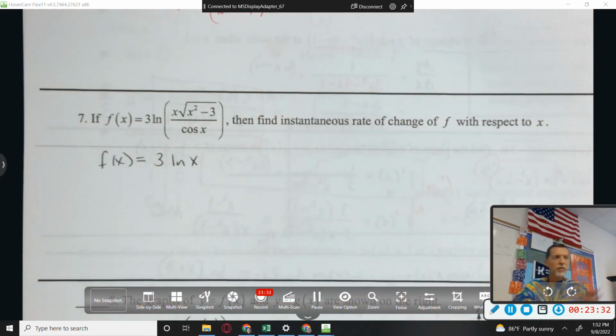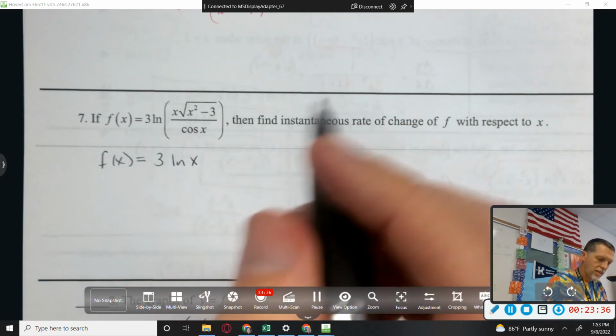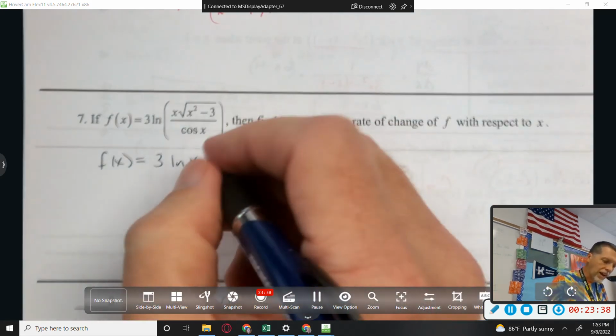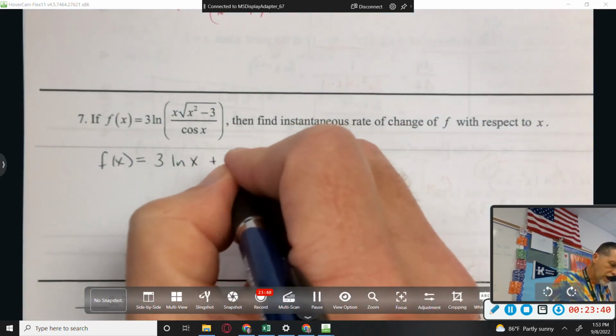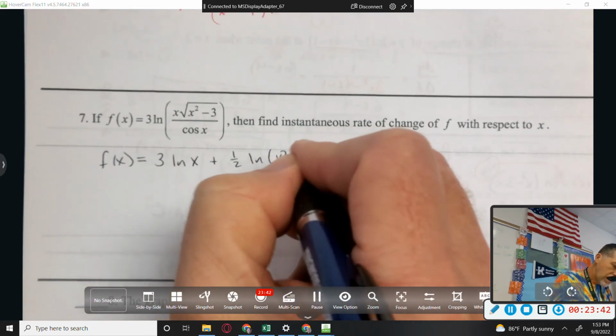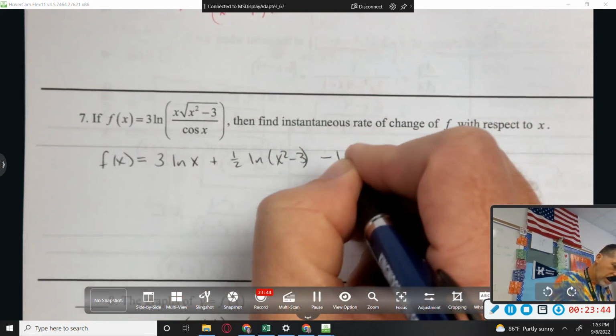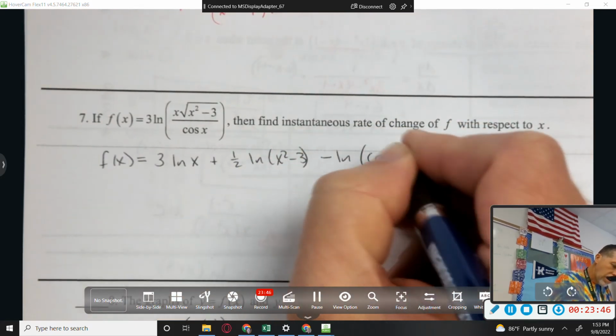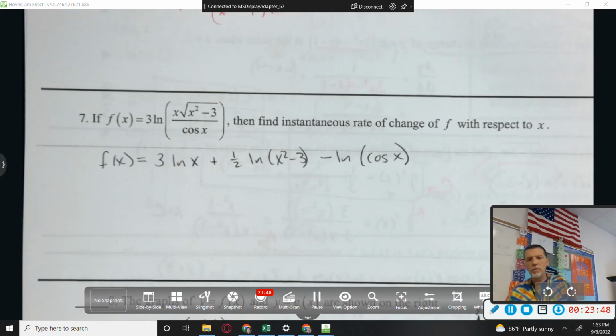So do algebra first so that I don't have a mess on my hands. The mess is more spread out, I guess. The algebra step of expanding the log so that you don't have to do the quotient rule or the product rule.